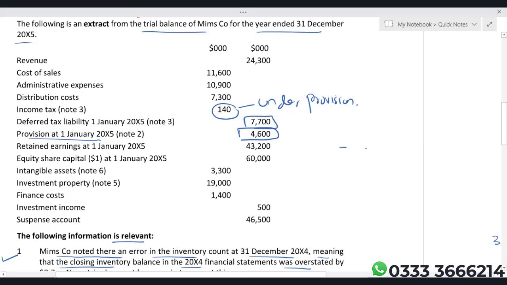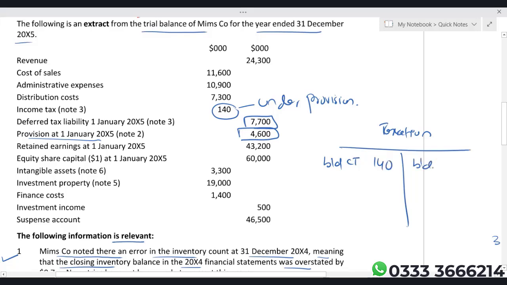Now, just let me make a T account for you. When we discussed IAS 12, we did discuss how to make the T account for taxation. We do not have a credit side over provision of the current tax. We have an under provision, so BD comes on the debit side if it is under provision. So BD of current tax is 140.